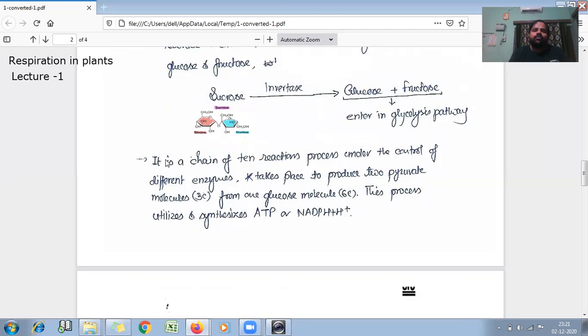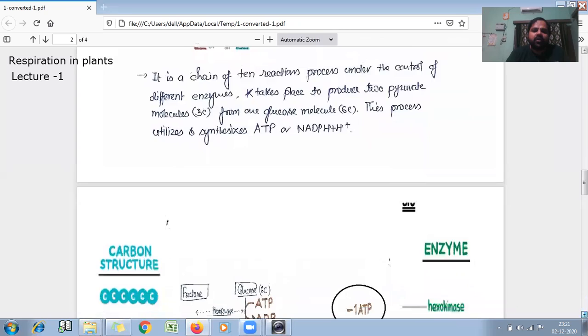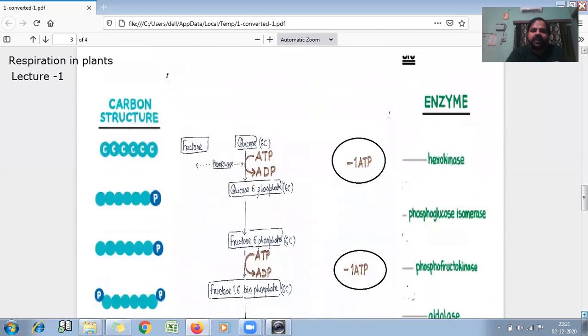This process utilizes and synthesizes ATP and NADH plus H plus. It means this process is all about converting glucose into two pyruvate molecules, and utilization and synthesis of ATP and NADH plus H plus occurs. Now we'll go into detail on the glycolysis process.